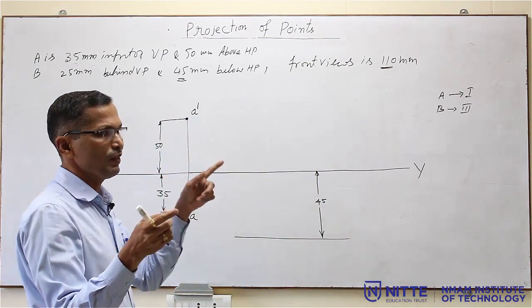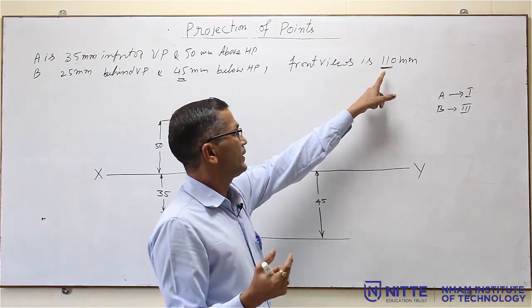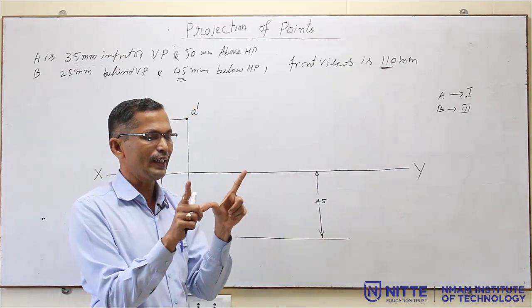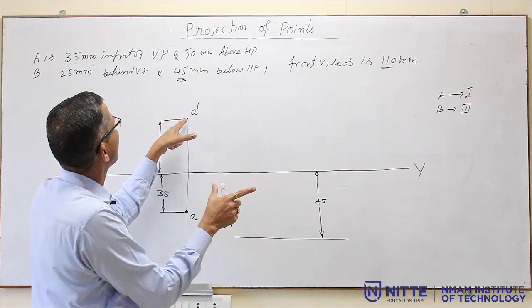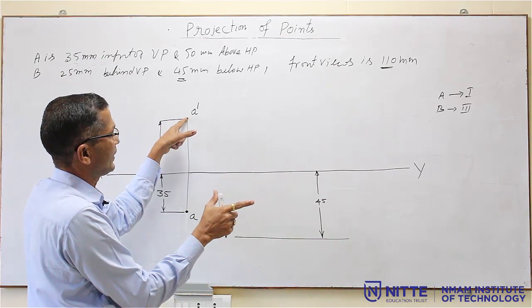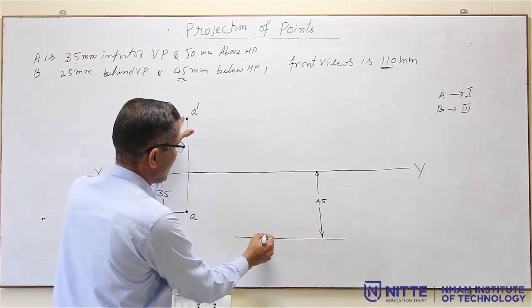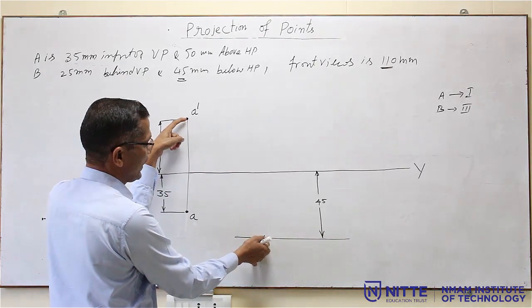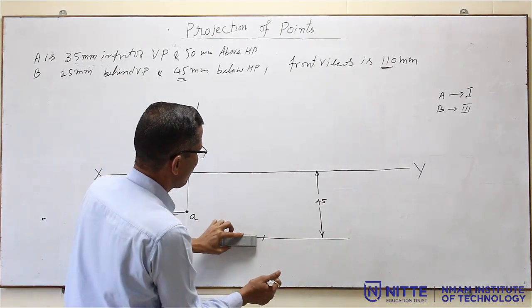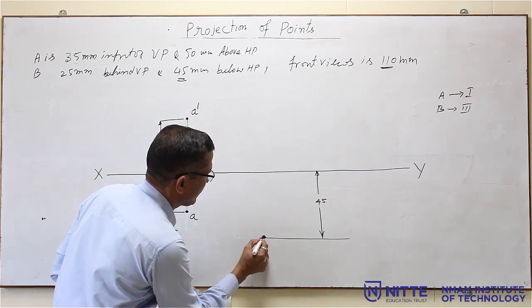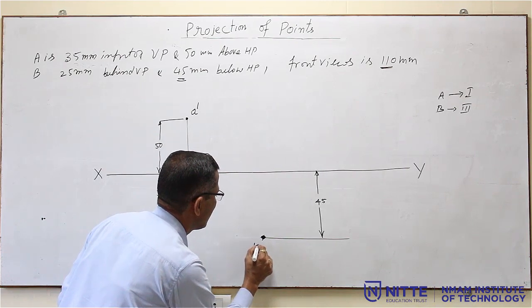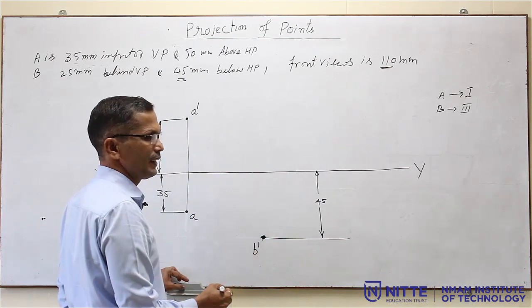Now, you take your compass and take this radius, that is 110 millimeter, and with A dash as the center cut this line. Now, this distance becomes 110. Wherever you cut this, mark that point and call this B dash.